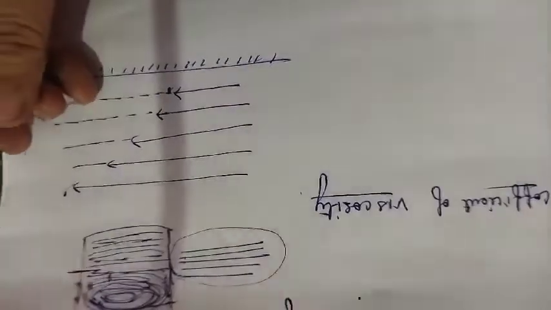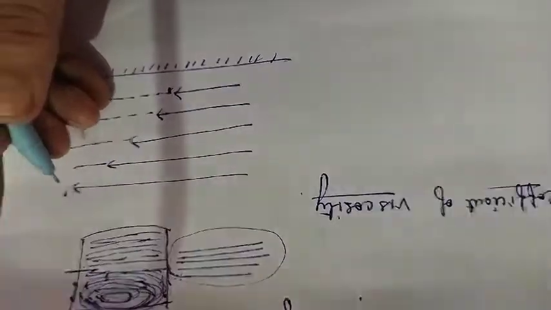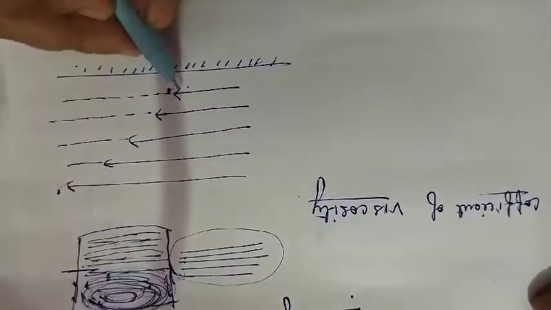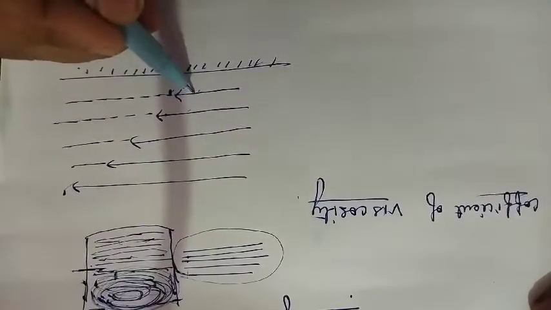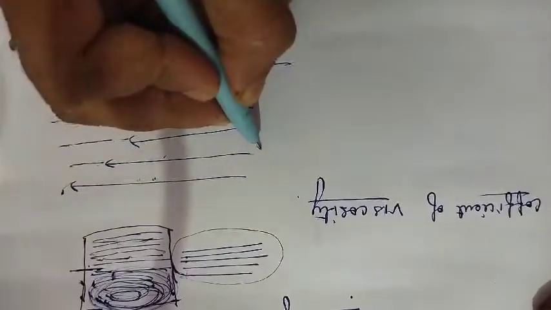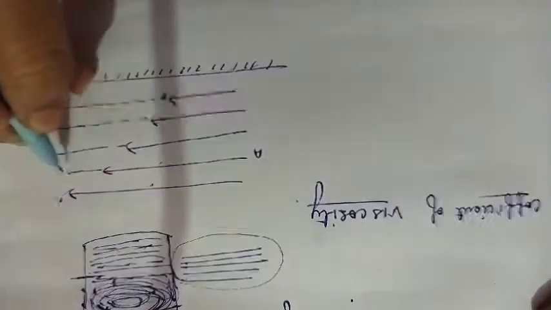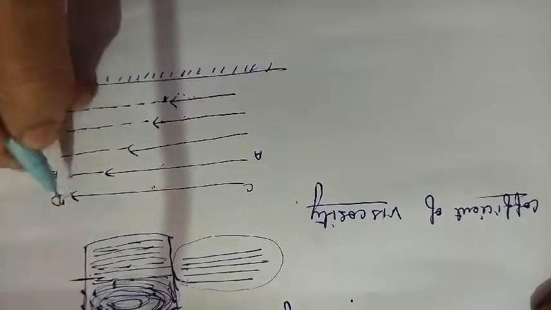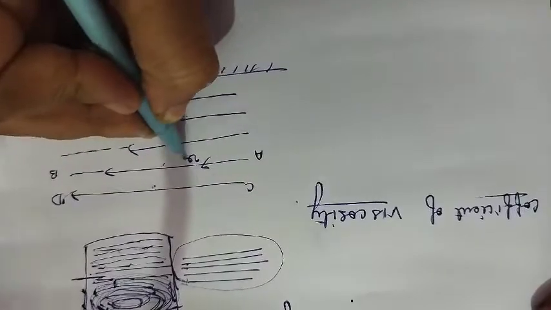Here we can consider any two layers. Suppose we take the two uppermost layers, layer AB and layer CD. The velocity of layer AB is V, and the velocity of layer CD is V plus dV.